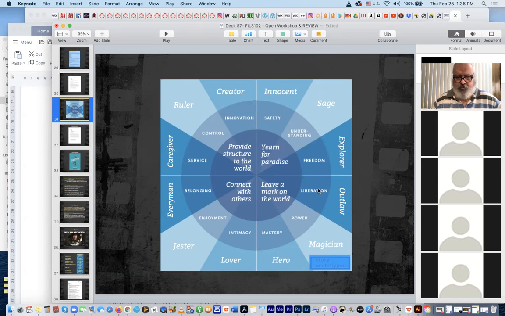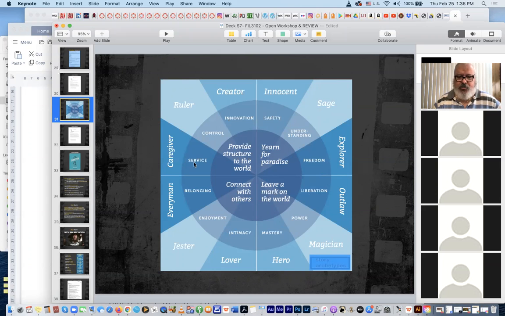And there's a dozen of them here. So you've got the ruling type, the creative type, the innocent, the wise man or the sage, the explorer, the outlaw, the magician, the hero, the lover, the jester, the everyman, which is a pretty broad category, and the caregiver. And then inside this, they're suggesting some subcategories of what the motivations of those types of characters might be.